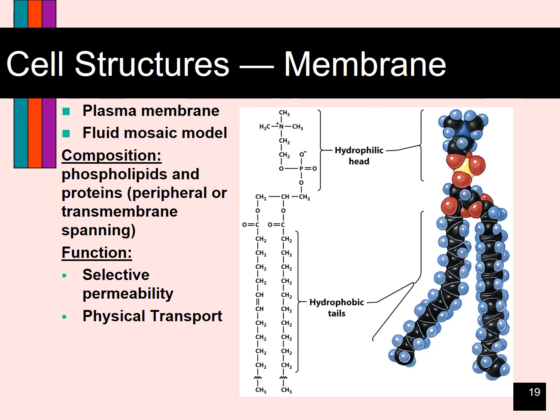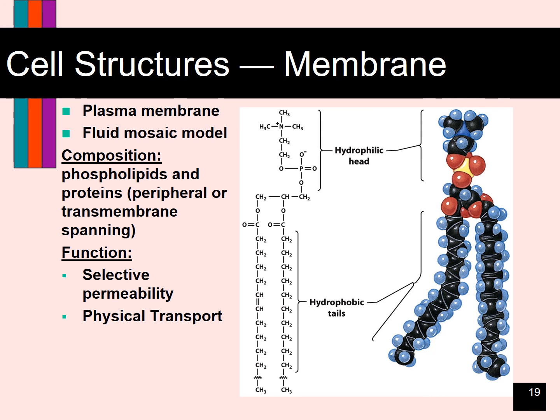The function of the membrane is to allow some things to pass, and then to keep other things out. So that would be selective permeability. Some things are going to pass through the membrane more easily than others.